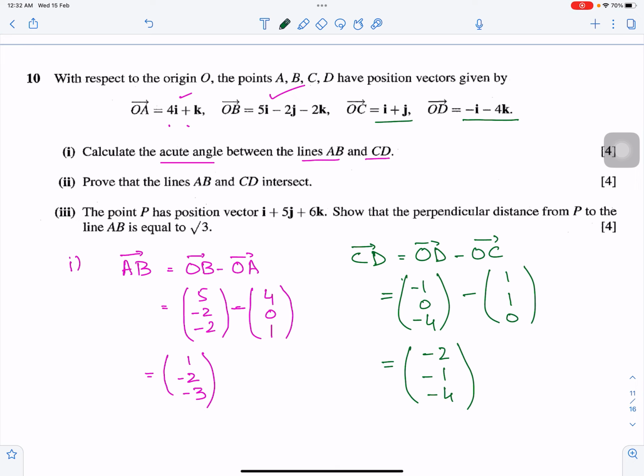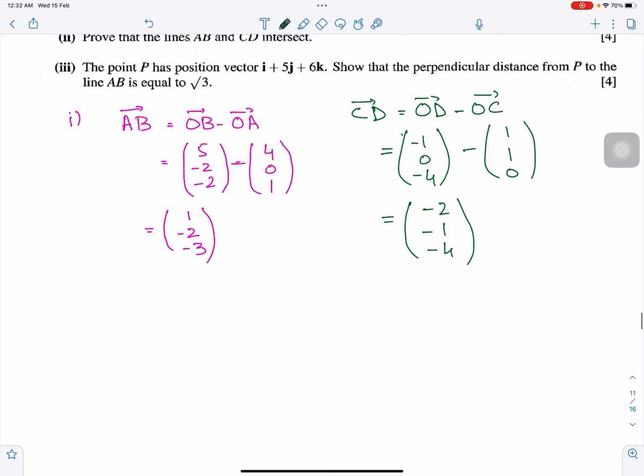Now we have to find the angle, and it is asking for the acute angle between them. So I will apply the scalar product, AB dot CD, and the formula we know is modulus of AB times modulus of CD times cos theta.